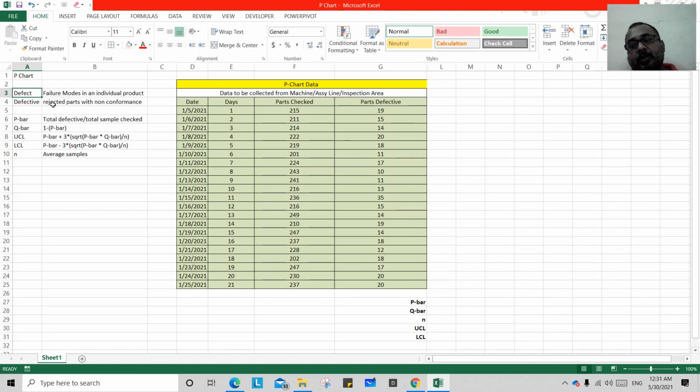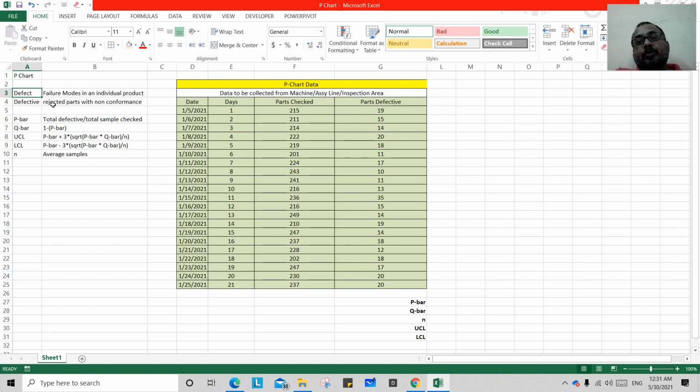The inspection machine sees whether it is okay or not okay. If it is okay, it goes to the packaging station. If it is not okay, it is rejected and goes to the red bin. That type of data is called defective, meaning the individual component produced by the machine is rejected, isn't it? So there are two things: one is defects and one is defective.